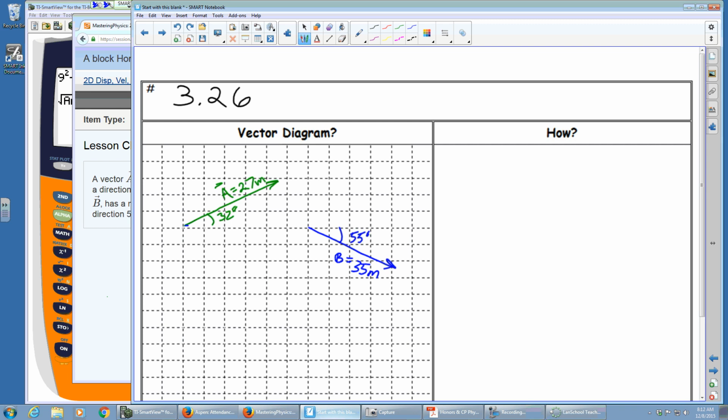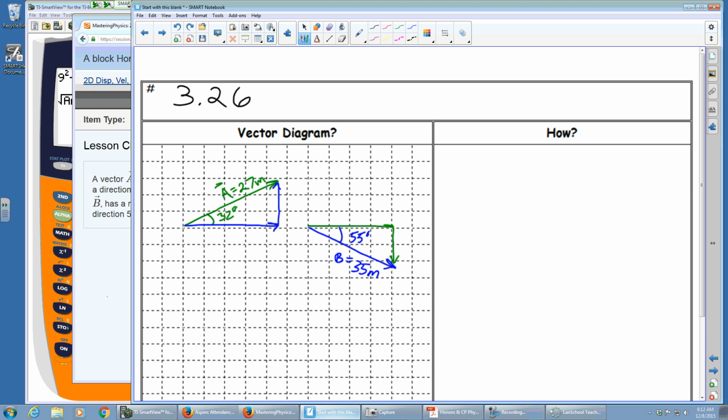And so I'm going to do the components here. And I'm going to mix up my colors a little bit just so you can see them better. And my components here. So the adjacent side is always the hypotenuse cosine of the angle. The opposite side is always hypotenuse sine of the angle, based on SOHCAHTOA again. SOHCAHTOA and Pythagoras are your friends.